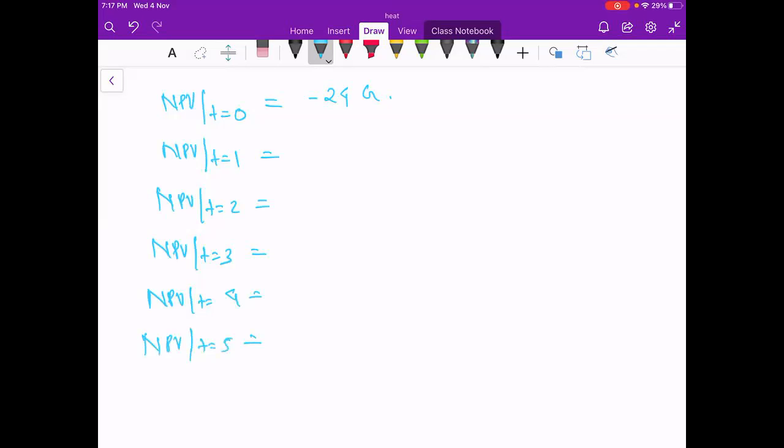Calculate all the values fast. Someone has written minus 17.7. Yes, it is correct. Calculate second, third, fourth fast. Someone calculated directly for 5, someone directly for 4, someone for 2, 3. Do it fast.